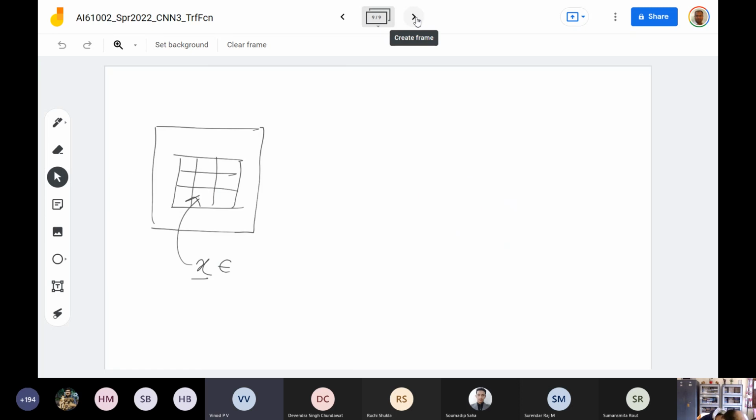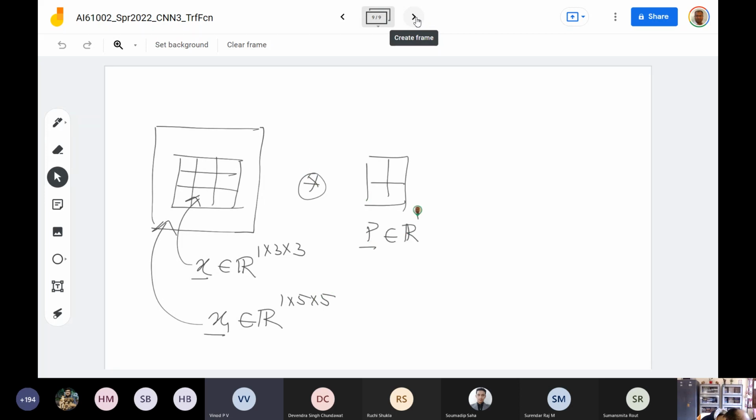So my X belongs to, and this is my X1, which belongs to, and then I convolve this with this P, which belongs to, and this is 2D conv with stride equal to 1.